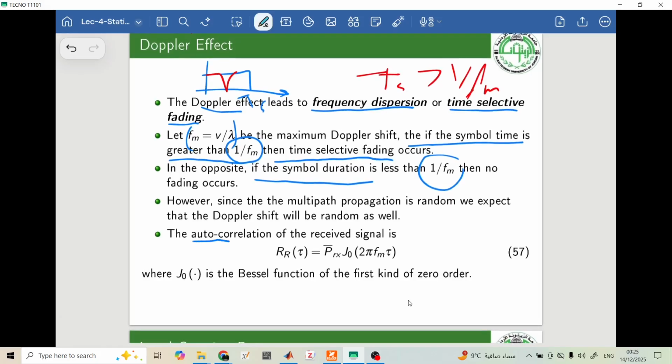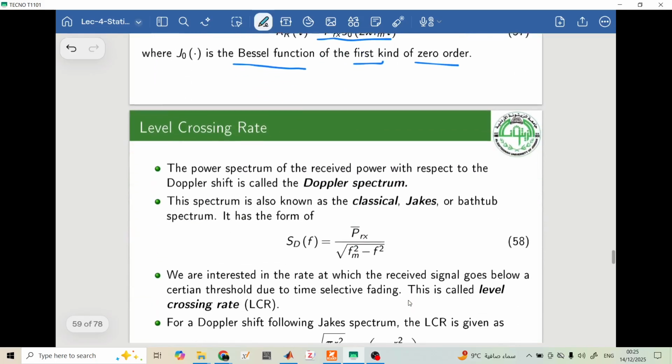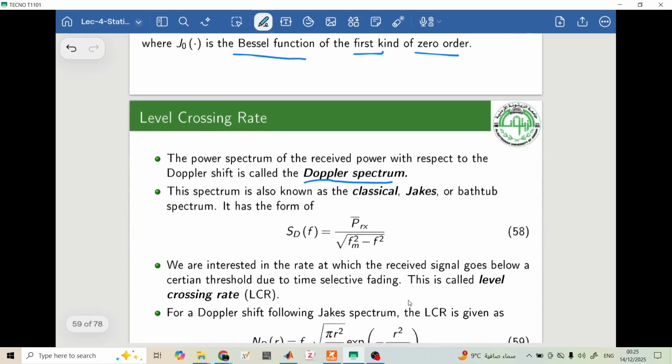So we compute the autocorrelation function, which has this general form. J sub 0 is the Bessel function of the first kind and 0 order. This is called the Doppler spectrum, and if you can see, it's a bit complicated. If we assume it has some nice shape, it's called a classical or Jake's spectrum or bathtub spectrum.